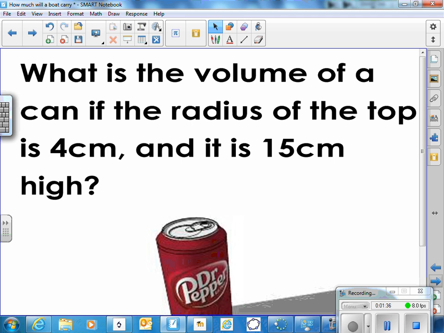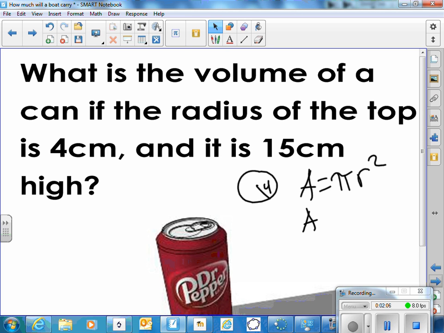If something has a round feature, then we need to find the area of a circle, and then multiply that by how tall the can is, or whatever object it is we're trying to find the volume of. So let's look at the top of the can. From the center to the edge is 4 centimeters. The area of a circle is equal to pi times the radius squared.